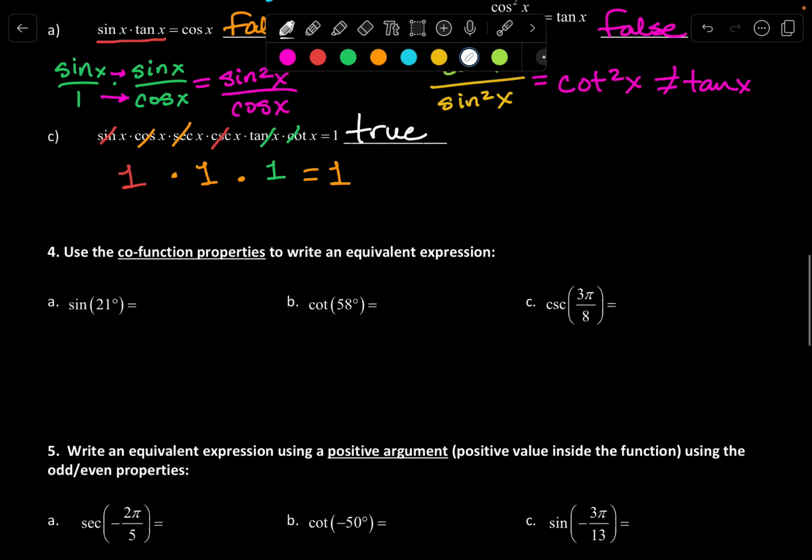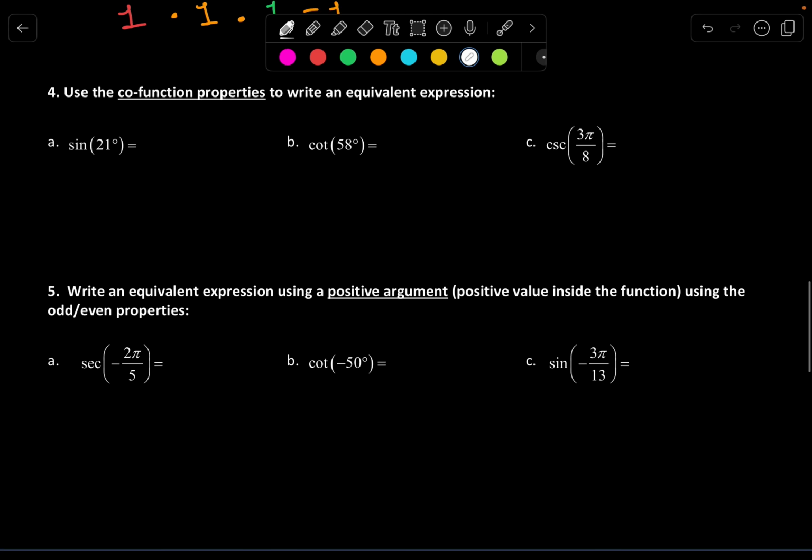Question 4 says use the cofunction properties to write an equivalent expression. So cofunction means I need to first find the cofunction, and then I need to find the complementary angle by subtracting what was given from 90.